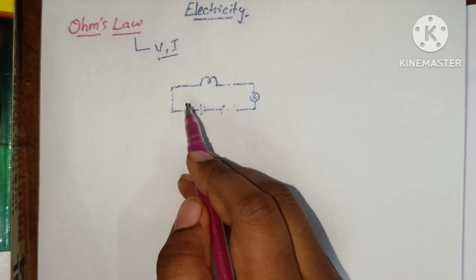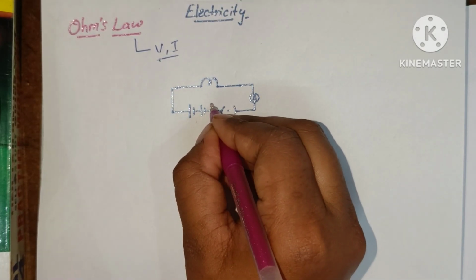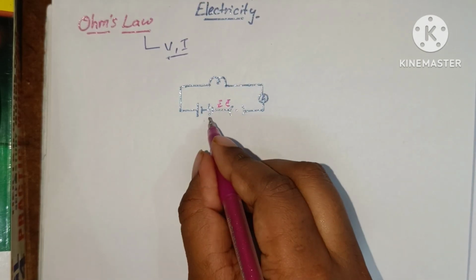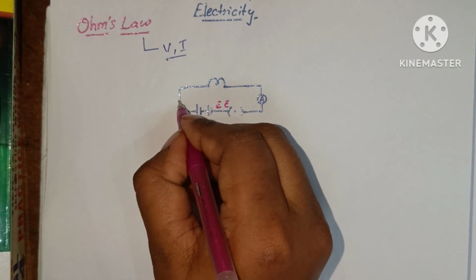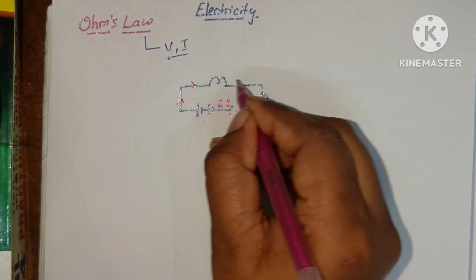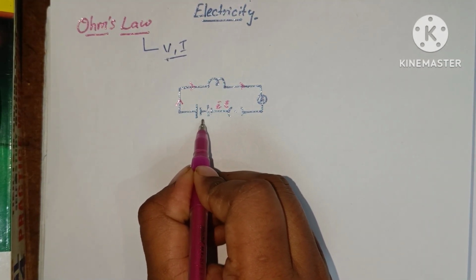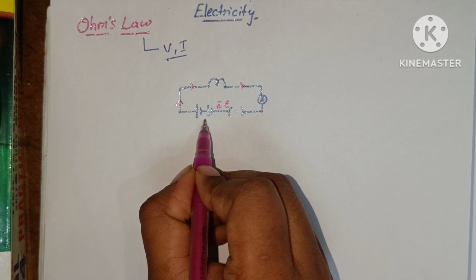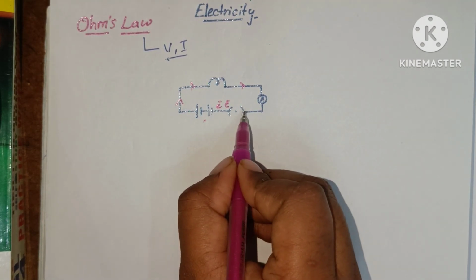I drew a circuit with a battery, and in the last class we discussed that electrons flow from the negative terminal to the positive terminal and the direction of current is opposite to it.